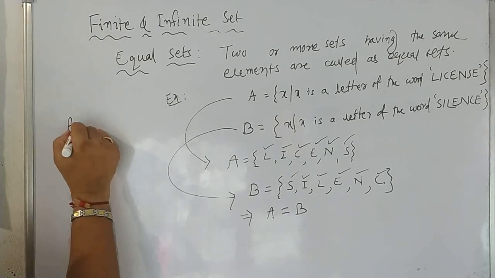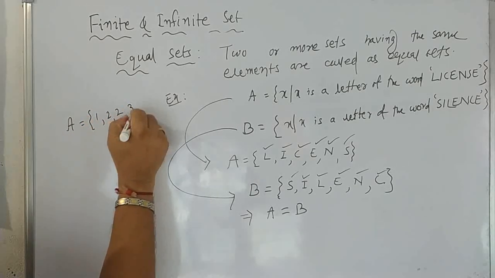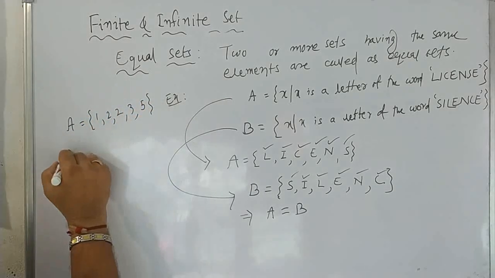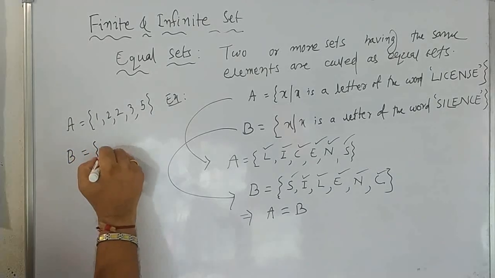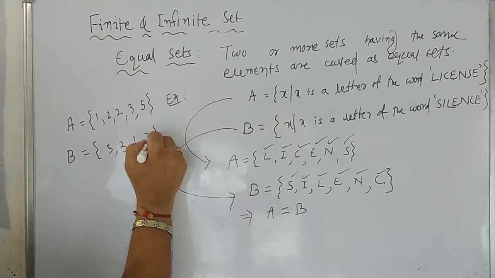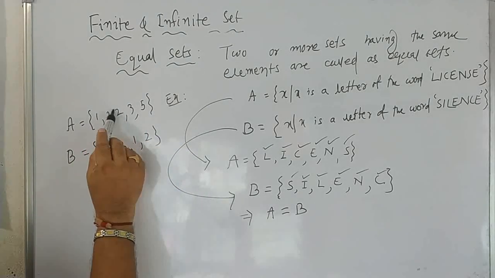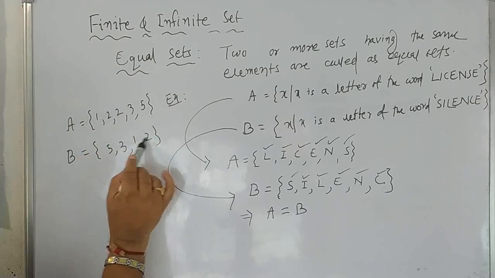Suppose A is given like this: 1, 2, 2, 3, 5, and B is equal to 5, 3, 1, 2. Though 2 is written 2 times, it is considered 1 only. So 1, 2, 3, 5 and 1, 2, 3, 5.